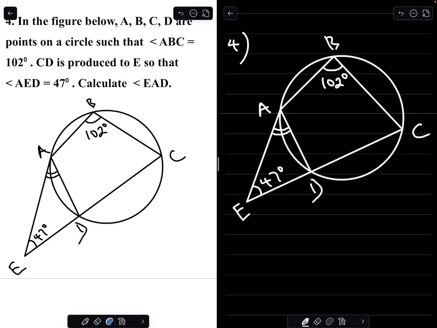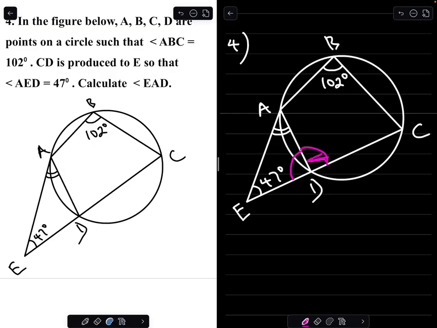First of all, we can see that this angle is an exterior angle to the cyclic quadrilateral ABCD. And we know that the exterior angle of a cyclic quadrilateral is equal to the opposite interior angle.